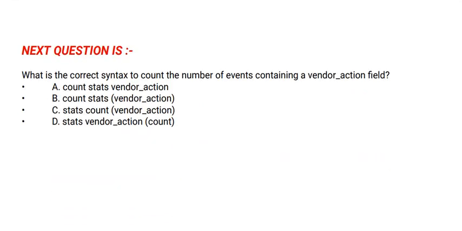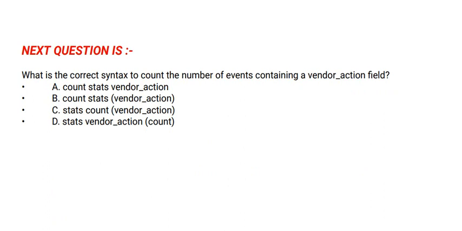Next question is, what is the correct syntax to count the number of events containing a vendor action field? Options are option A, count stats vendor action. Option B, count stats bracket vendor action bracket close.